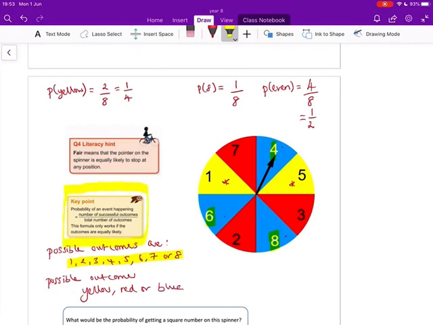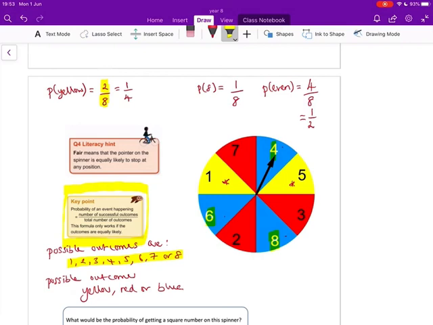If we look back to here, there are 8 possible outcomes if we spin the spinner, and there were 2 successful outcomes that gave us a yellow. So this formula only works if the outcomes are equally likely. So it needs to be a fair spinner. You're just as likely to get a 7 as you are a 3, as you are a 4, etc.